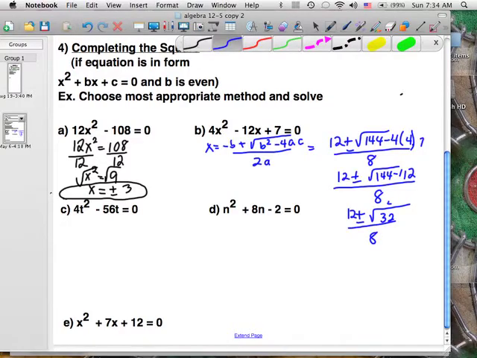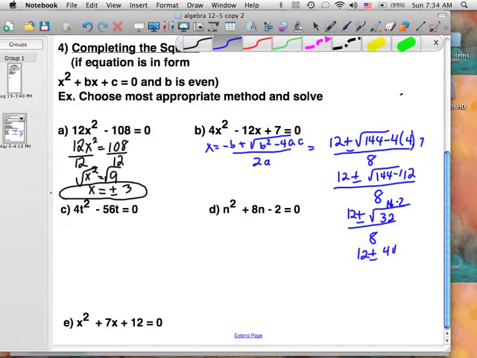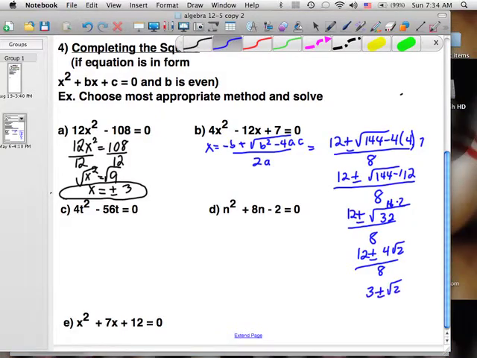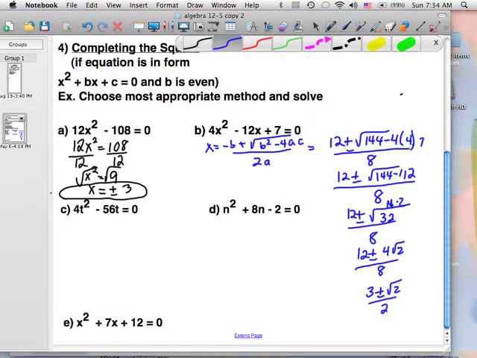And 32 has the perfect square 16 times 2. So it'd be 12 plus or minus 4 radical 2 over 8. And I could divide everything by 4 and get 3 plus or minus the square root of 2 over 2. And then if they ask me to round to the nearest tenth, I can do that.